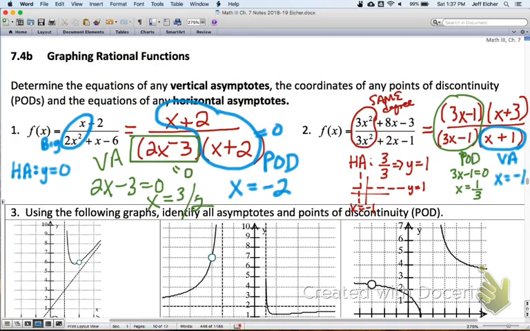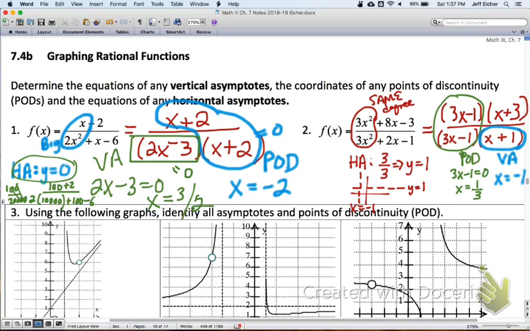If you don't believe me, you could just put in a large number, say 100. 100 plus 2 over 2 times 100 squared plus 100 minus 6. If we evaluate this, it would be 102 divided by 20,000, so about 100 divided by 20,000. That's about 1 over 200, a very small decimal, something like 0.05. So that's getting closer and closer to 0.